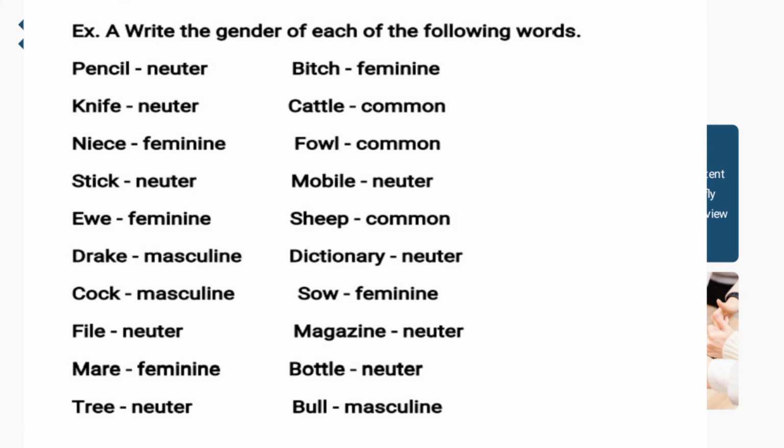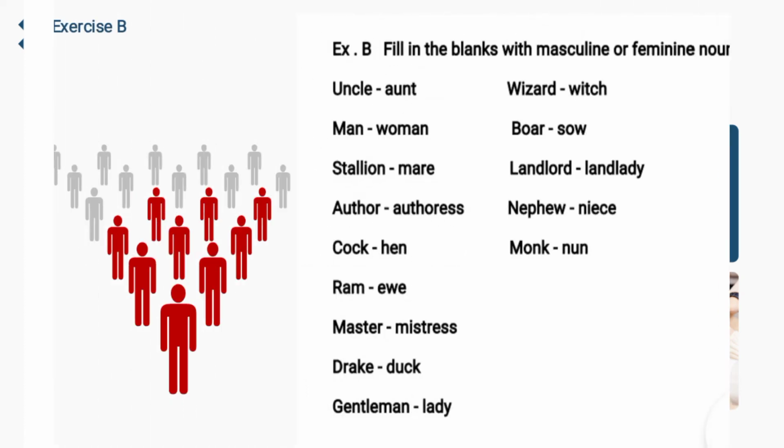We have not written the opposite gender. But in exercise B, we will write the opposite gender. Okay. So, you can see uncle, aunt. In this exercise, in the book page number 40, you have a crossword. So, you can fill accordingly.